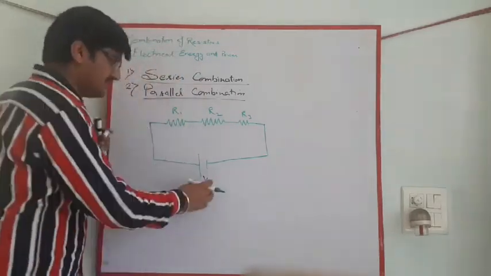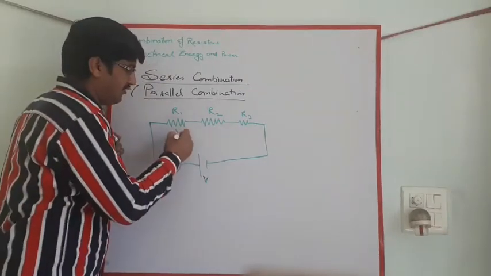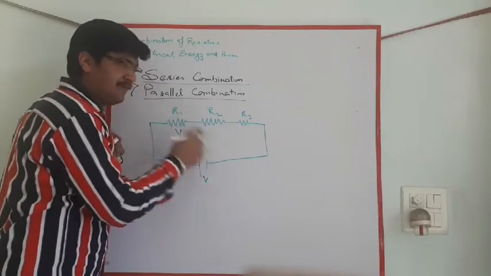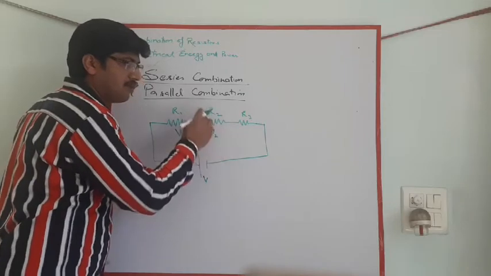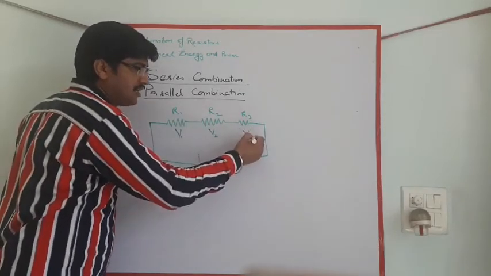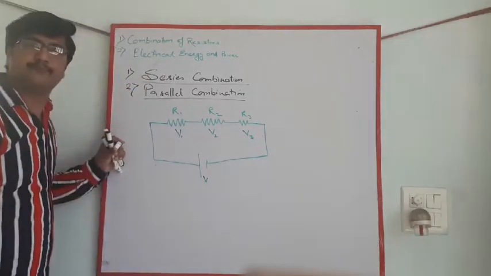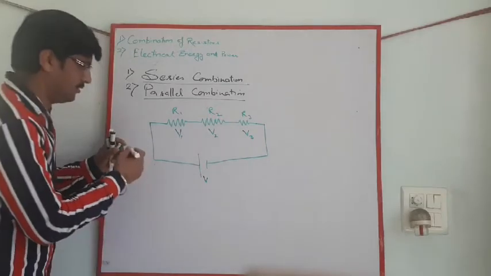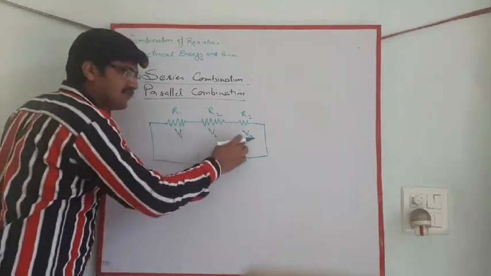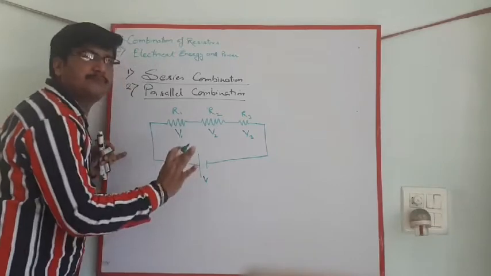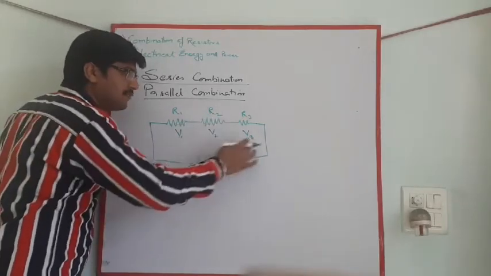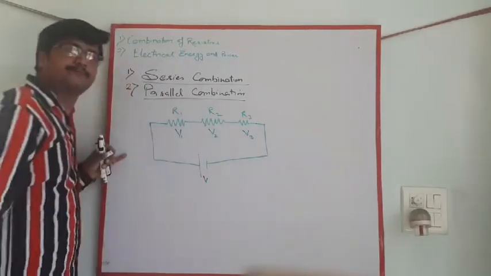Here also, if V is the total potential, then V1 will be the potential drop across R1, V2 across R2 and V3 across R3, such that V1 plus V2 plus V3 is equal to V. The sum of all potential drops is equal to the potential applied.